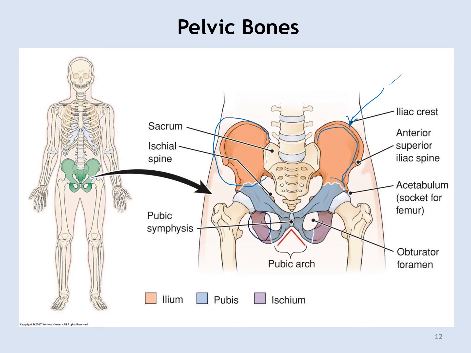I had a class that called it your squishy ishy. This is your sitting on bone, your butt bone, probably the bone you're sitting on right now. And then the pubis is this bone right here that covers kind of the front of the pelvis. It even goes to the back a little bit. So those are the 3 bones that make up each half of the pelvis.